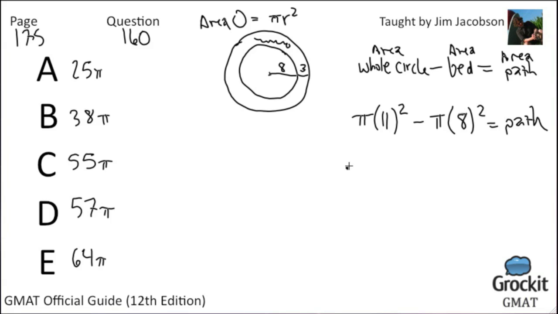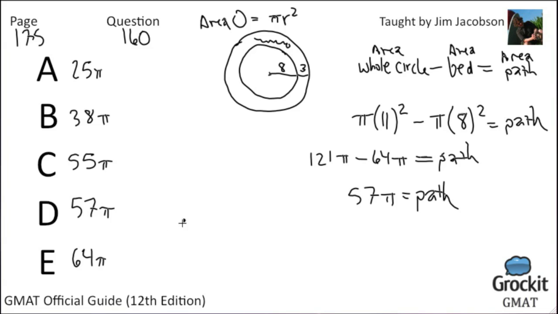So 11 squared equals 121, so we have 121 pi minus 64 pi, because 8 times 8 is 64, equals the path. 121 minus 64 equals 57 pi for our path's area. Answer choice D.